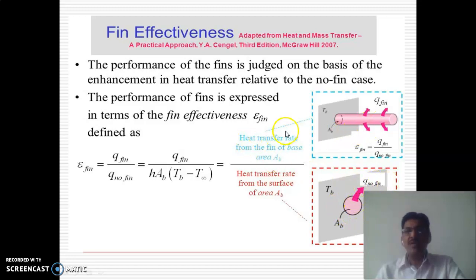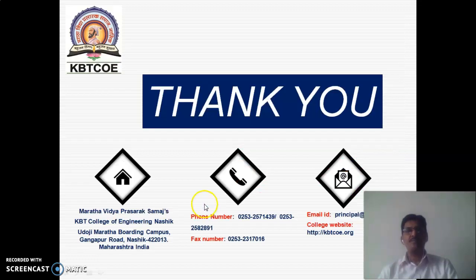So here you can see the heat transfer rate from the fin of base area Ab, and the heat transfer rate from the surface of area Ab. So Q with fin divided by Q without fin is the effectiveness of the fin. Thank you.